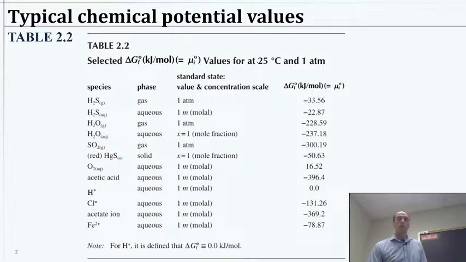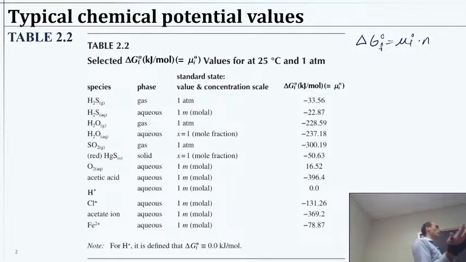Because I mentioned, and we should have a better notation for this maybe, the standard Gibbs free energy of formation in this case will be equal to mu, the standard chemical potential of formation, times the number of moles for that given species.